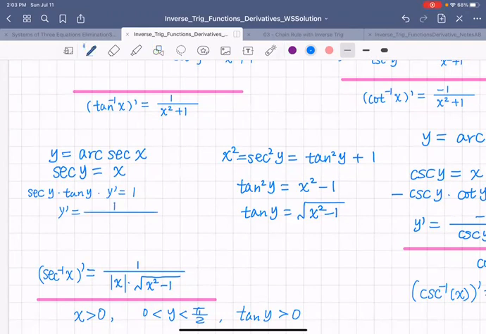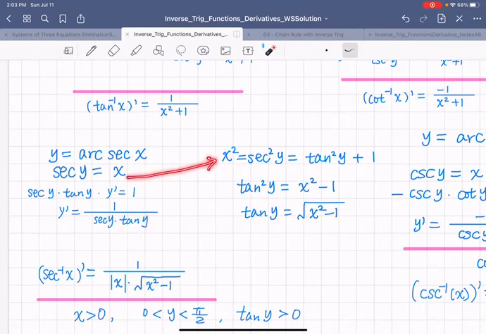Now, secant y is given. This is x. It's time to calculate the tangent y. How do we calculate the tangent y?